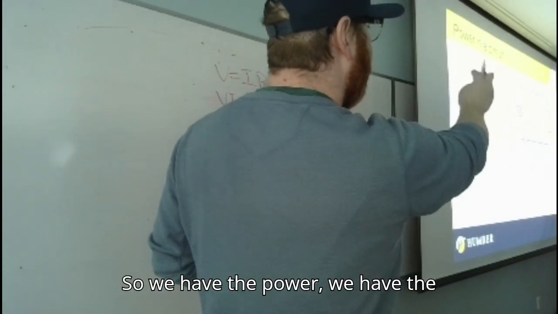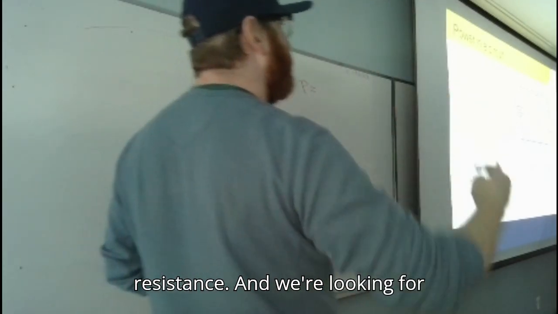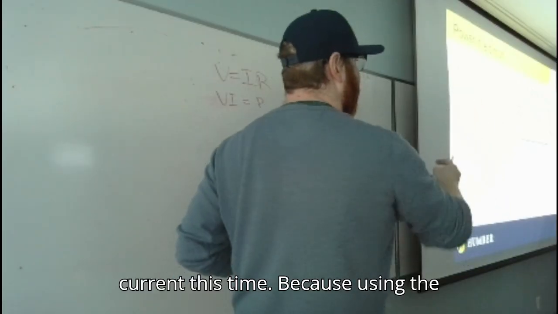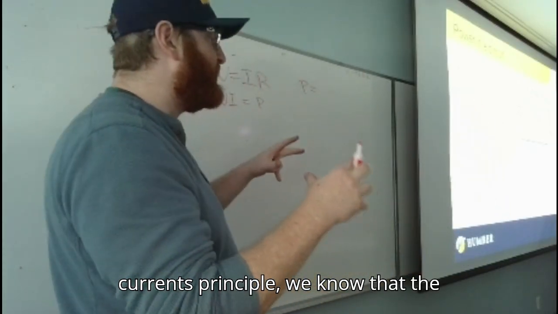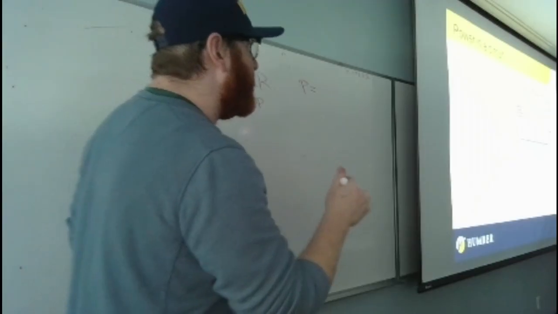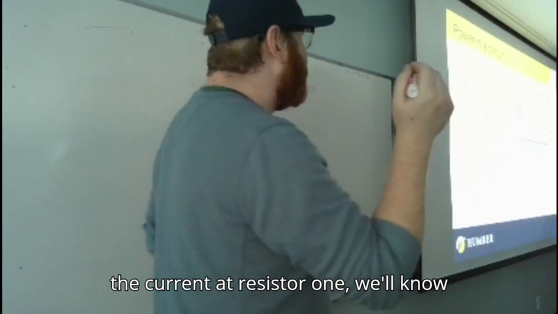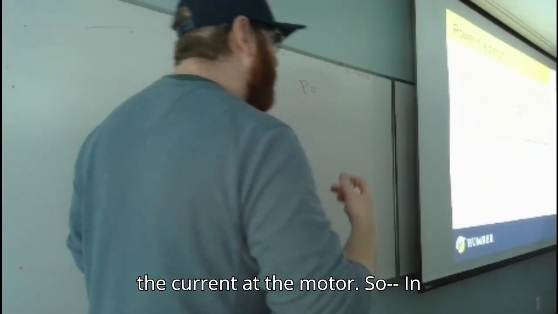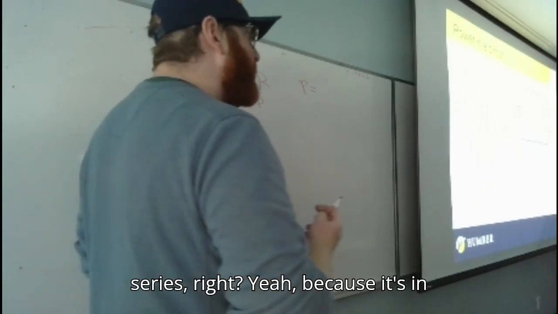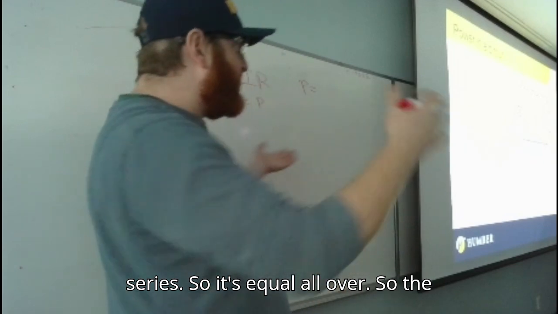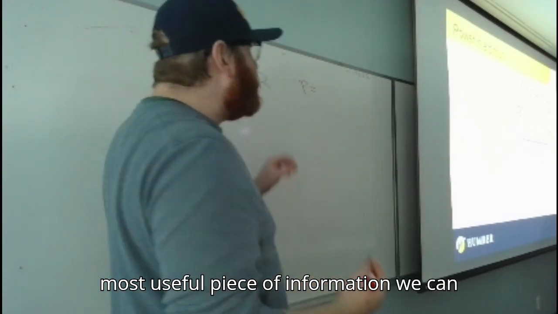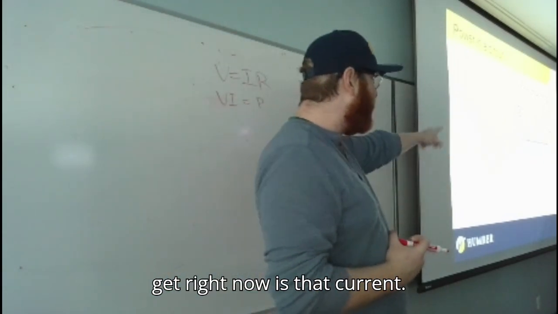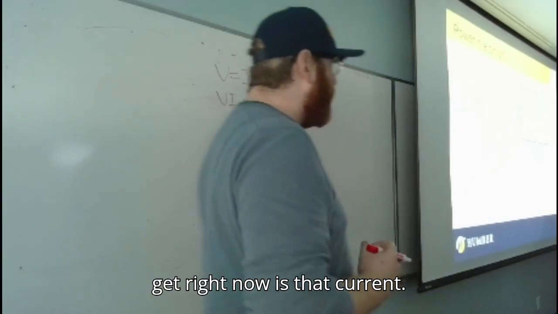So we have the power, we have the resistance, and we're looking for current this time. Because using the current principle, we'll know the current at the voltage source, at resistor 1, and at the motor. It's just series, right? Yeah, because it's in series, so it's equal all over. So the most useful piece of information we can get right now is that current.